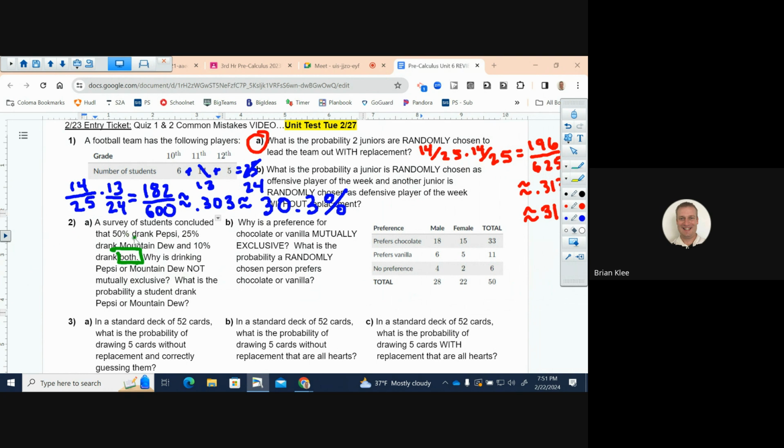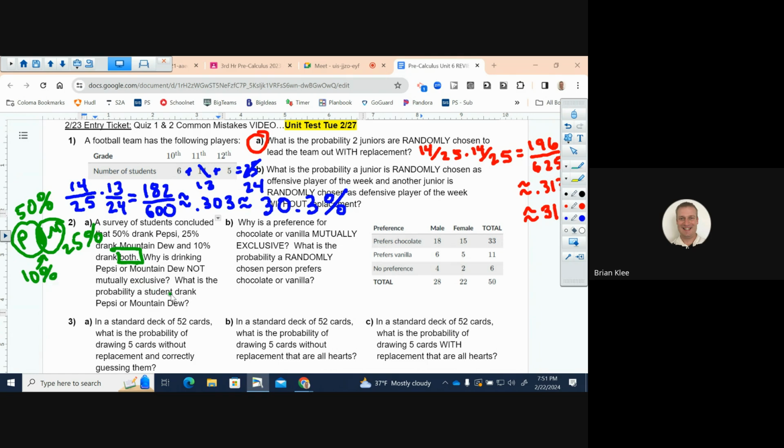We've got 50% in the Pepsi group, and then 25% in the Mountain Dew group, and then we've got this overlap of 10%.